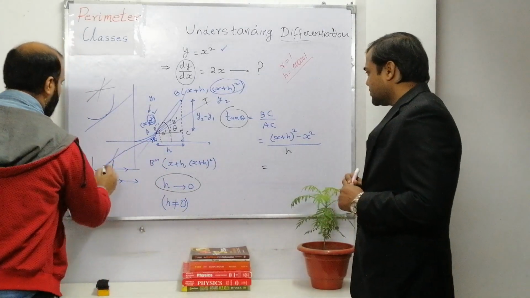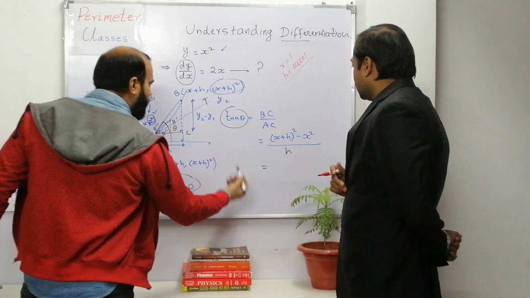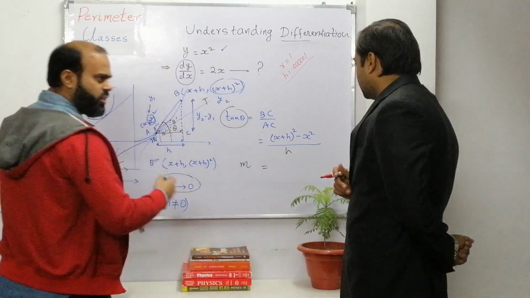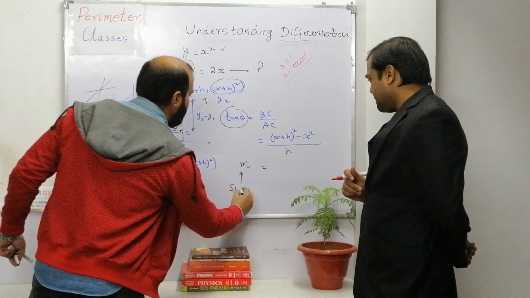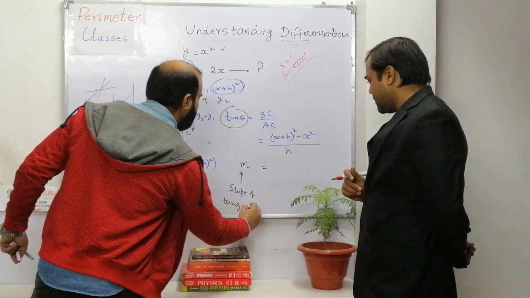We generally take it as m, the slope of the tangent at any particular point on a curve.